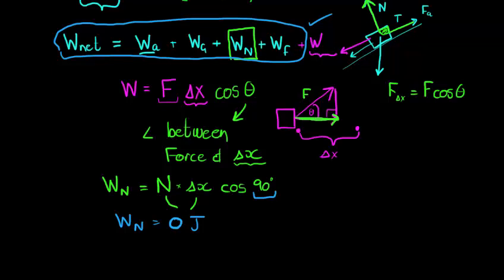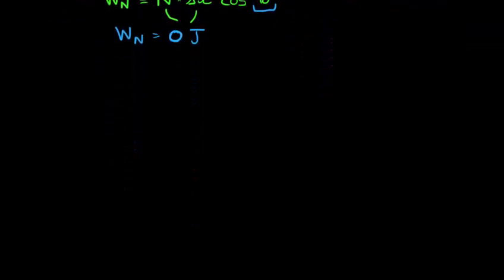Okay, so let me just quickly show you how this formula expands into a very big formula that has all of the variables that we might need. Okay, so I said that the net work done is equal to the work that is applied plus the work done by gravity plus the work done by friction plus work done by anything else.